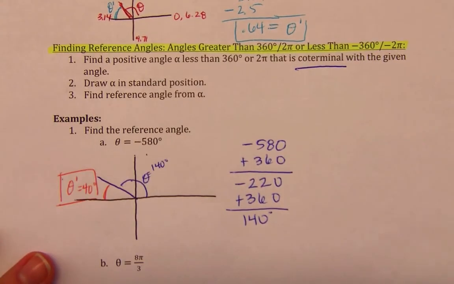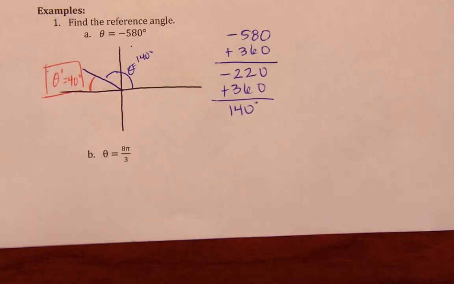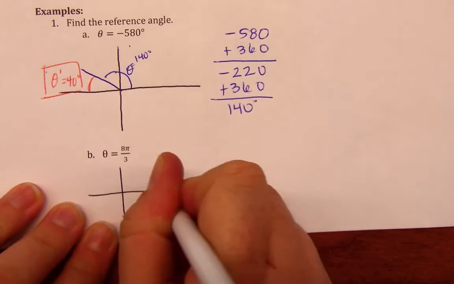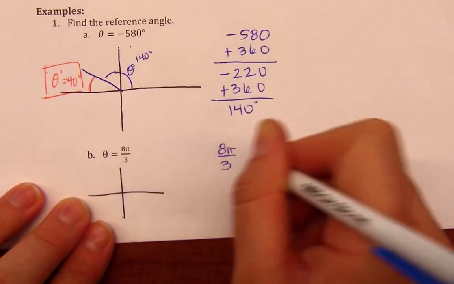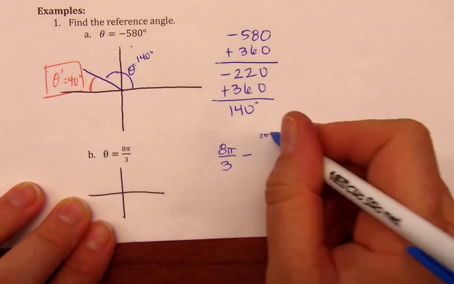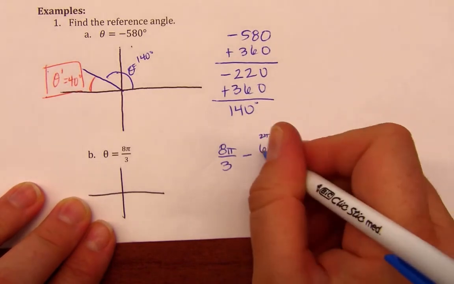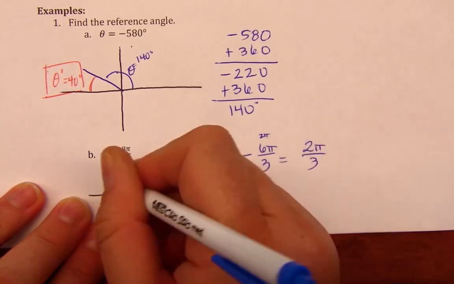Okay, let's do another example with radians. If I have here 8 pi over 3, that's bigger than 2 pi. So 8 pi over 3 minus 2 pi, but I'm going to write it as 6 pi over 3. That'll give me 2 pi over 3.